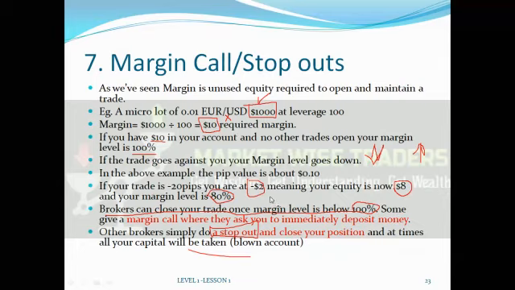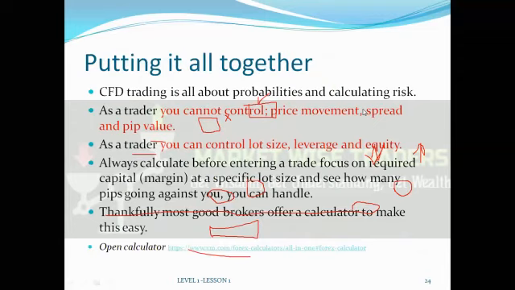Although others are more lenient, they allow you to go down to maybe 40%. But basically, when you're getting there, you're really over-risking. At 40% margin level, you're too far gone, and they can just shut all your positions. That is what they do.